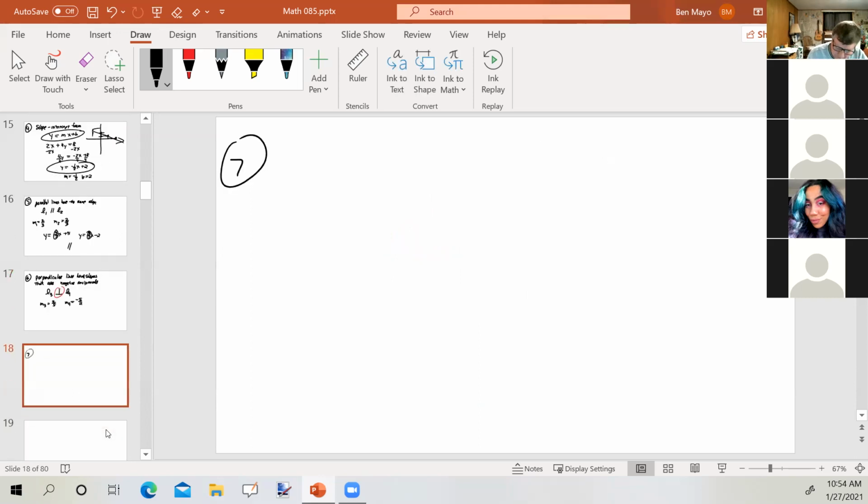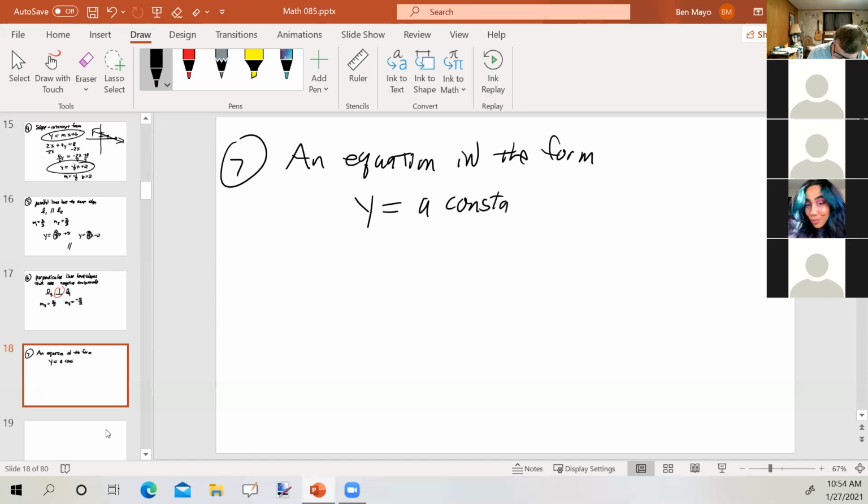Number 7. An equation in the form y equals a constant, as in y equals a number, is a horizontal line.